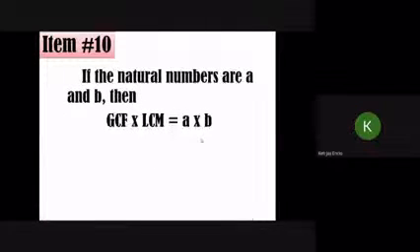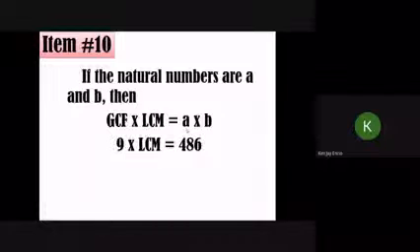So always remember this. If the natural numbers are A and B, then the product of their GCF and LCM is equal to the product of the two given numbers. And so by substitution earlier, your GCF is 9, your product is 486, and the LCM is unknown.